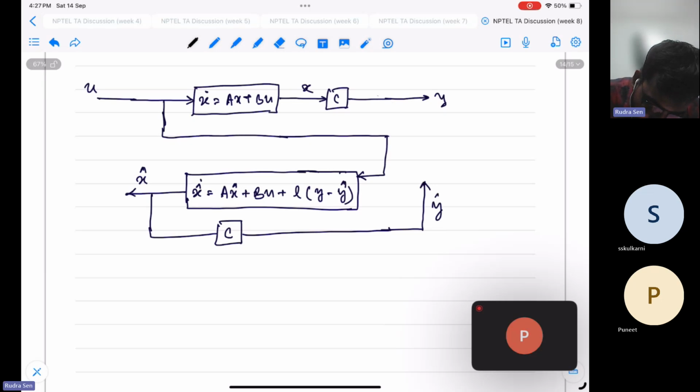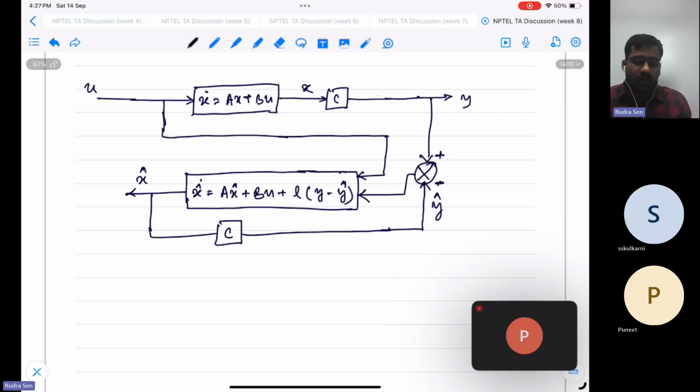This y hat and y need to be subtracted because we need to reduce the error. After subtracting, it is fed to the observer. So this is the whole block diagram of the system combined with the state observer.